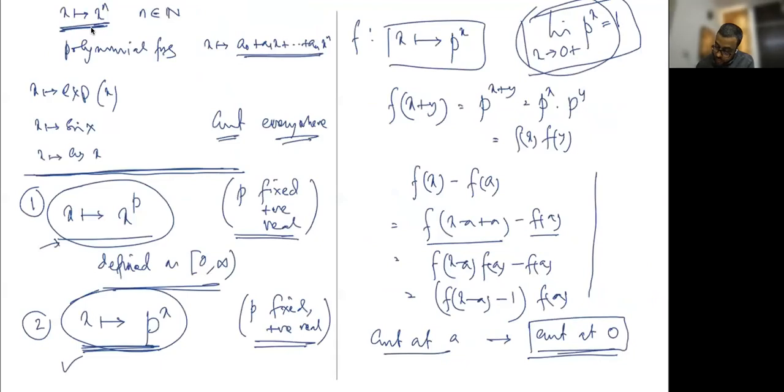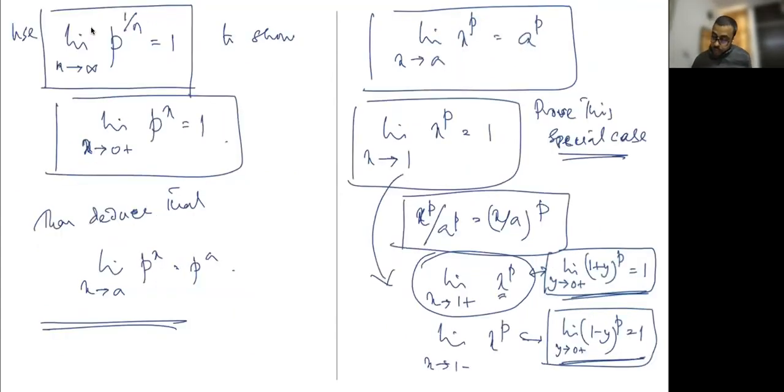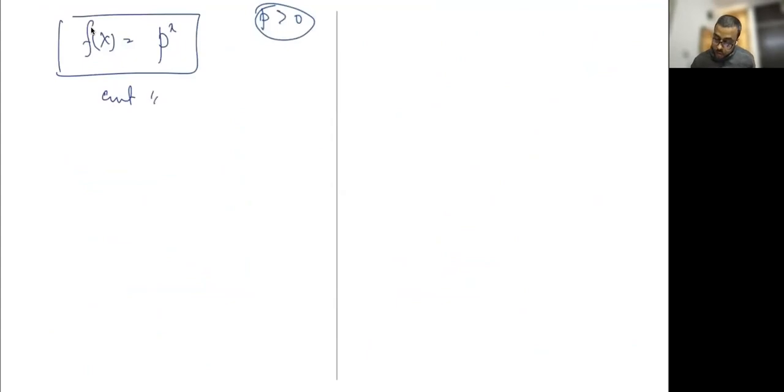Did I specify x here? No. So for the first function, it is this right hand side. For this second function, it is on the entire real line. Continuous on R, and f x plus y is fx fy.